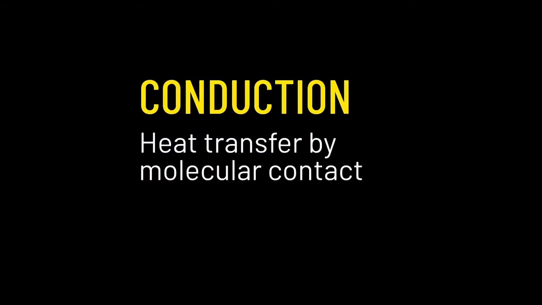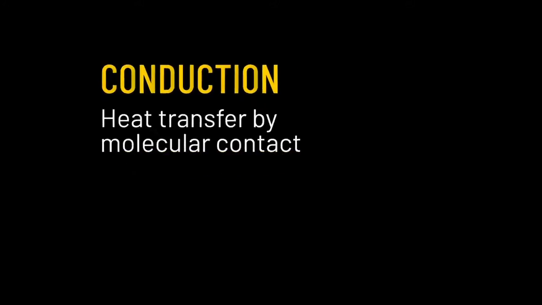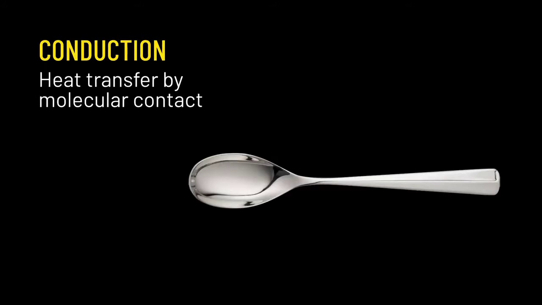This is heat transfer as a result of molecular contact. The best way to understand conduction is by thinking about an example. So here I have a metallic spoon, and I imagine holding a match underneath it. Now what we know is that spoon is going to heat up, and not just the part of the spoon that's over the match, but rather the spoon as a whole.